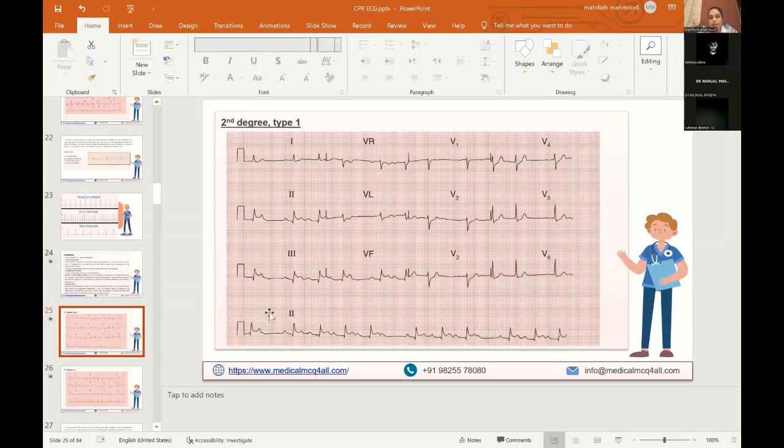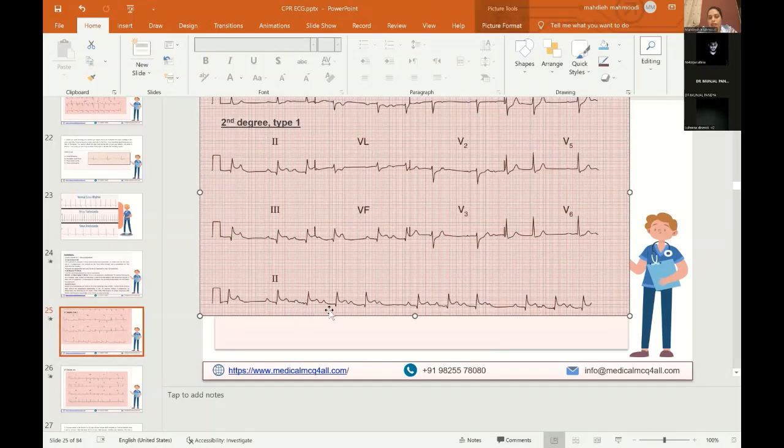As you can see here, you have a PR interval here, it increases here, increases here, increases here, and here we have one P which is not followed by a QRS, okay?